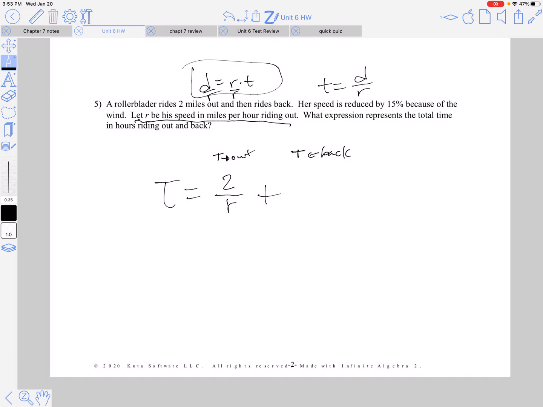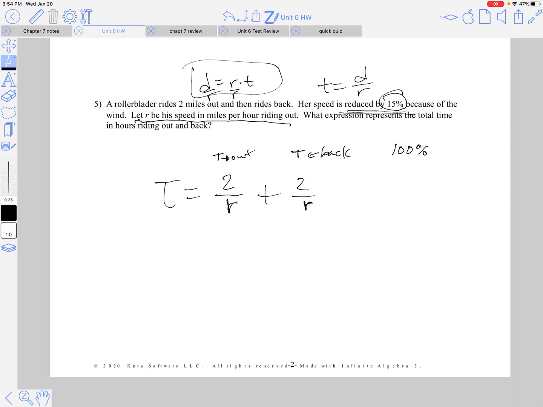All right, so returning back, we still have to travel those 2 miles, so our distance doesn't change, but it's our rate that changes. So we've reduced that speed by 15% when we have to come back. So if you think about it, you have 100% of your rate. We're going to have to use R, because that's the only thing.